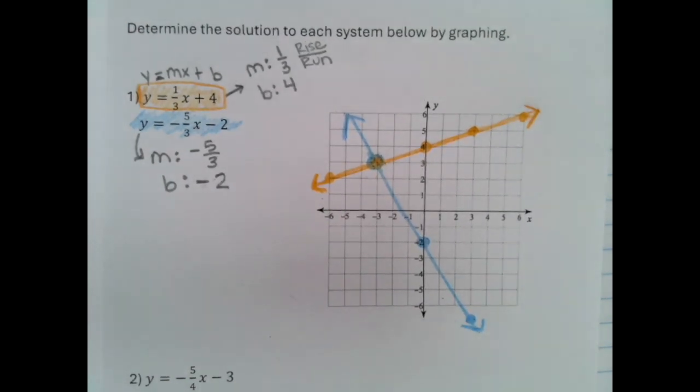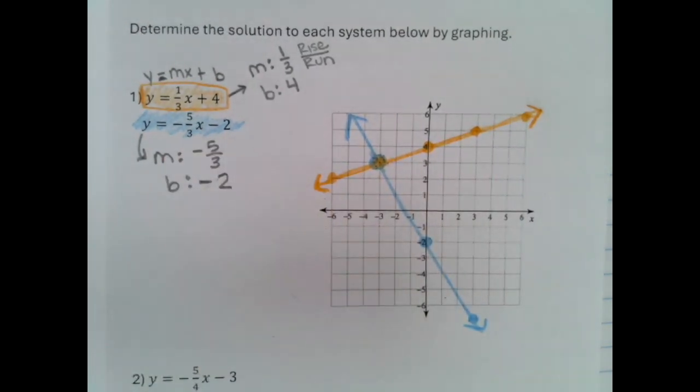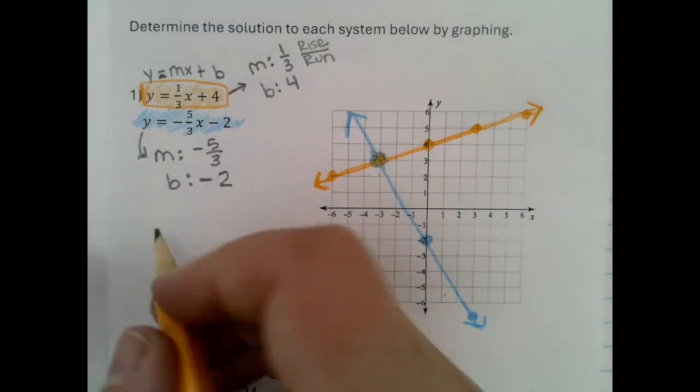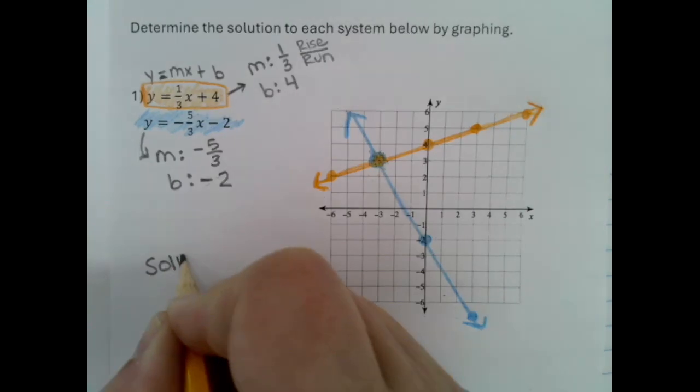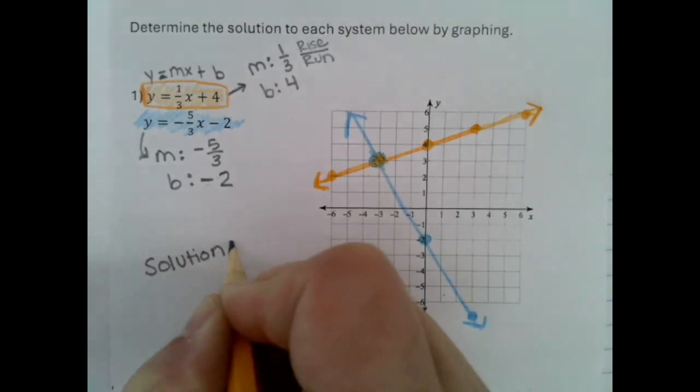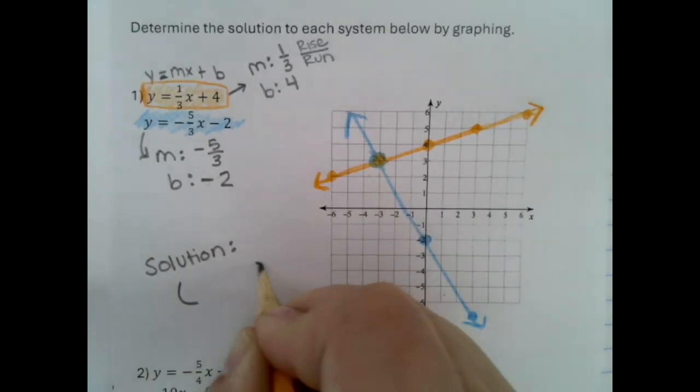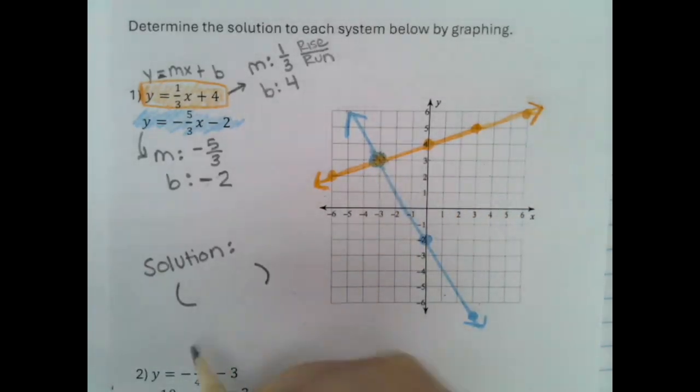All right, so how many solutions does this system have? 1. They touch in one place. So for our solution, we actually need to name that place where they match, where they meet. So what is my x, y of that point?